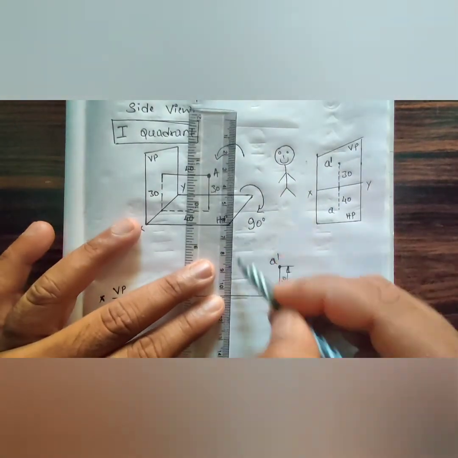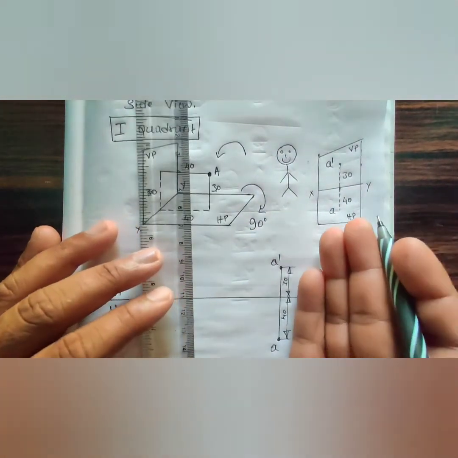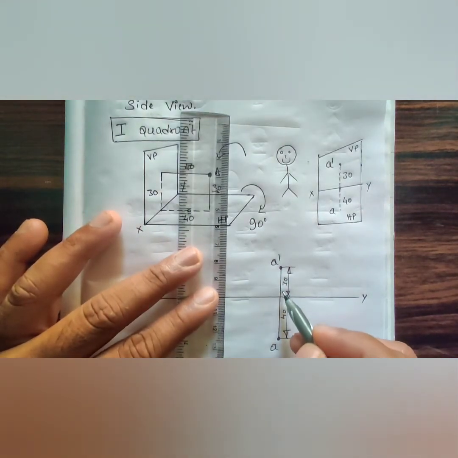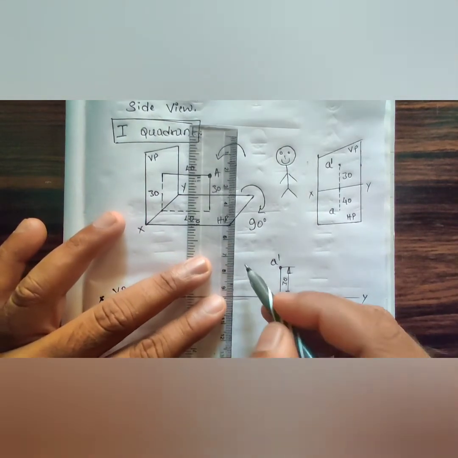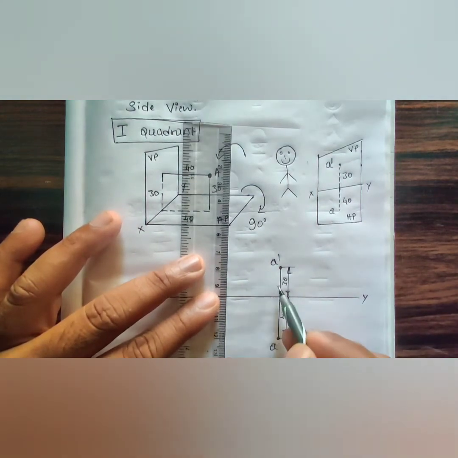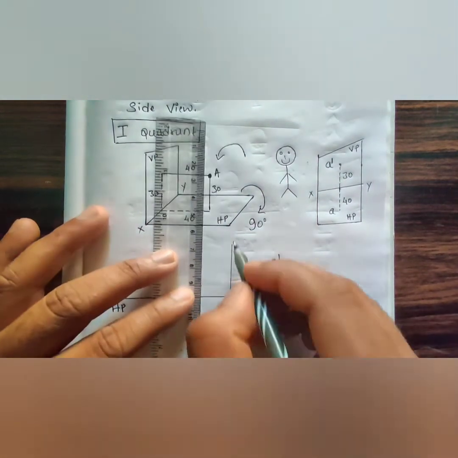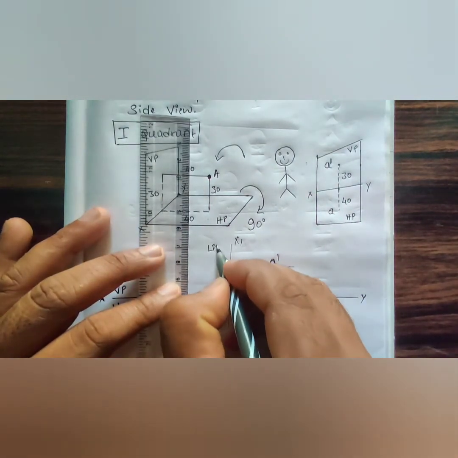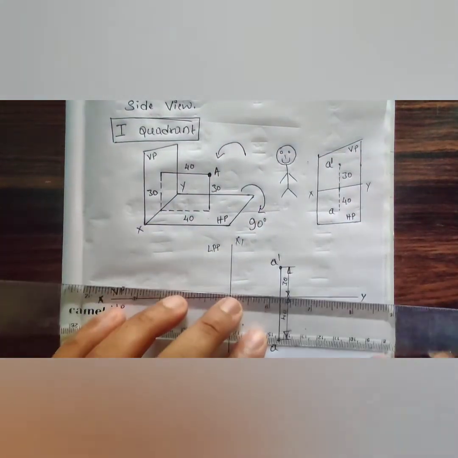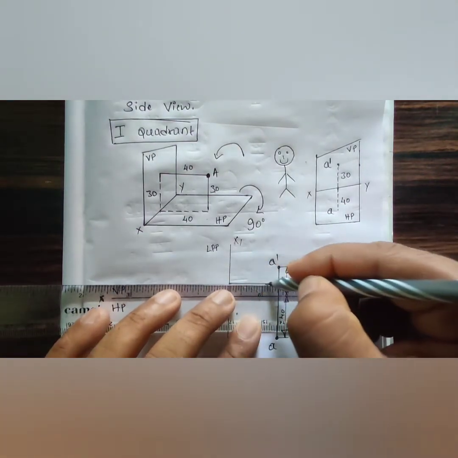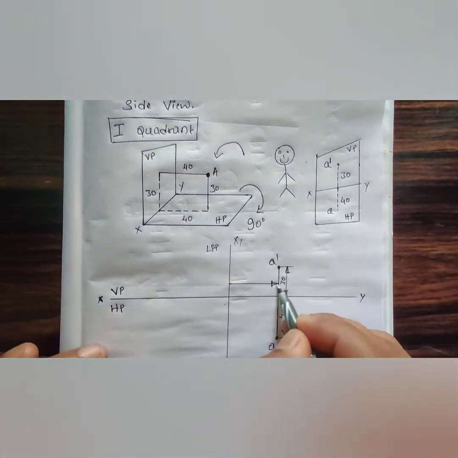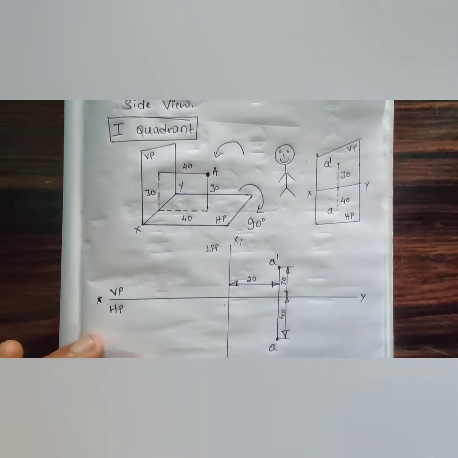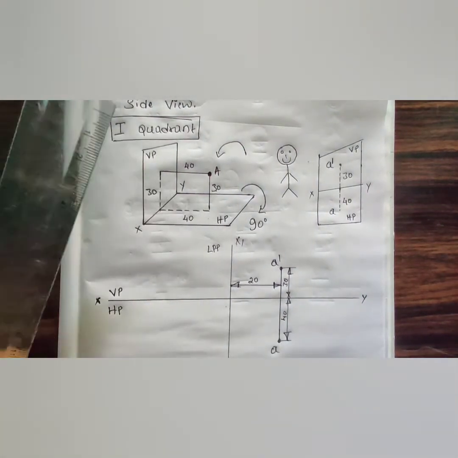So I have to draw one left profile plane, that is towards the left of the solution, and that should be exactly 20 mm from this solution. Okay, so exactly measure 20 here, draw one x1 y1 line, that is our LPP. It should be exactly 20 mm from this. So I have taken some random value, but you should measure it and draw it. Okay, so it should be 20 exactly.